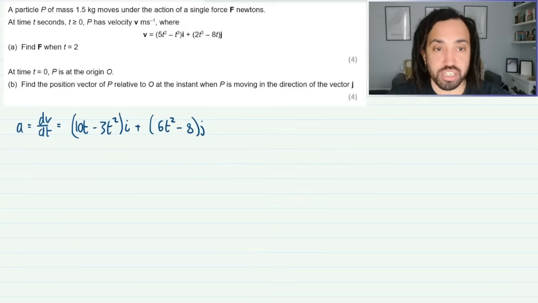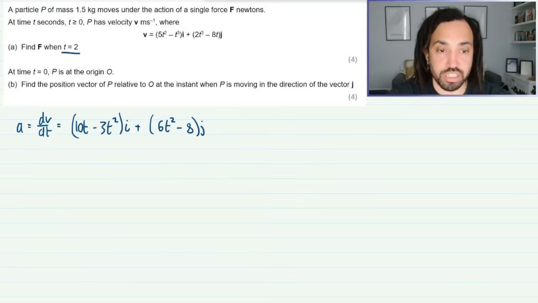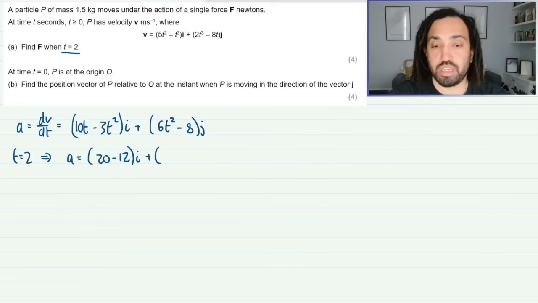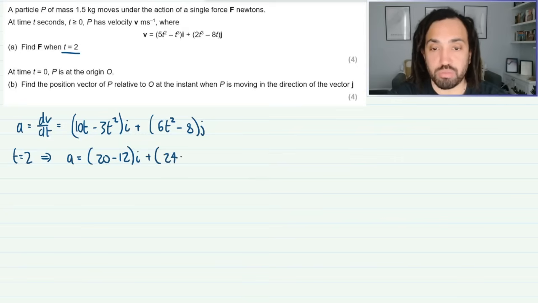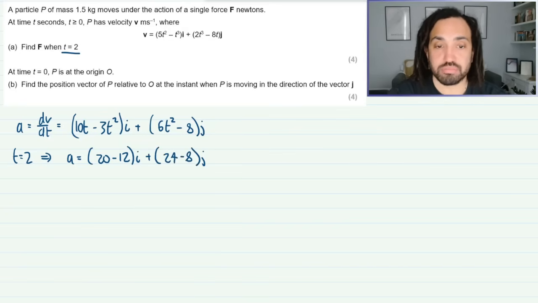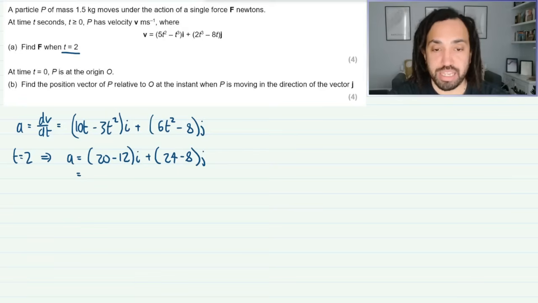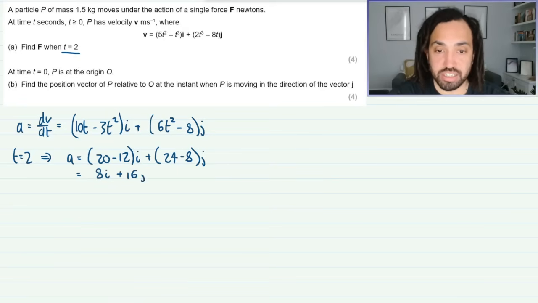Okay, and we're actually interested when t is equal to 2. So what's the acceleration there? Subbing in 2 is going to give me 20 minus 12 i plus 24 minus 8 j, and that will give me 8i plus 16j.